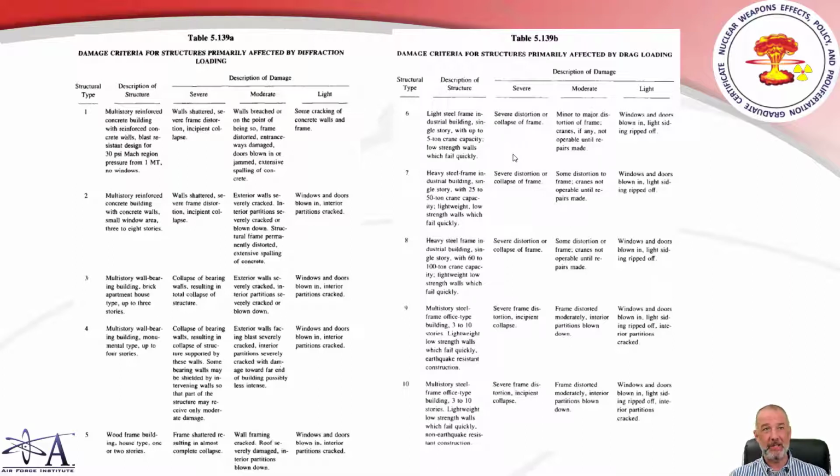Now, compare this to, I'll go all the way down to number 5, which is basically a house. Severe damage to a house: wall framing cracked, roof severely damaged, interior partitions blown down. Just what you would think of when you see a house that's been directly hit by a tornado.